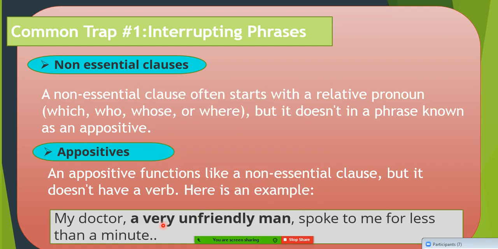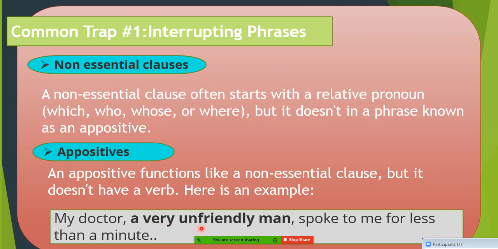But by adding this non-essential clause, as you can see what happened, we call it interrupting because it interrupted the sentence and it separates the subject from the verb. What's tricky here that you have to understand well is that you have to eliminate this non-essential clause or phrase, so you will decide if the subject and the verb are agreeing together or not. Are they matching together or not?